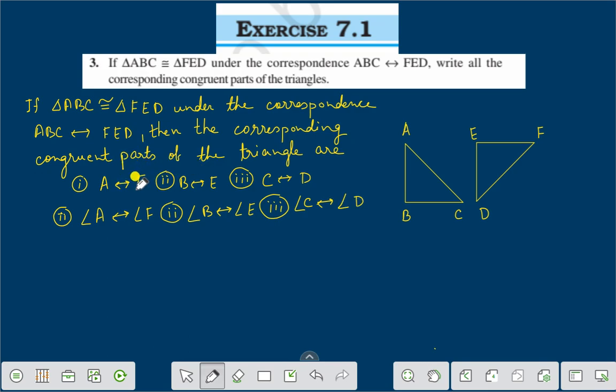That means all the vertices correspond to one another, all the angles correspond to one another.